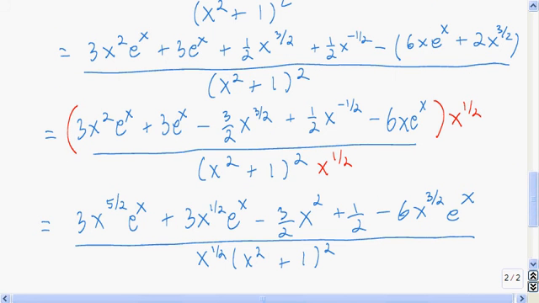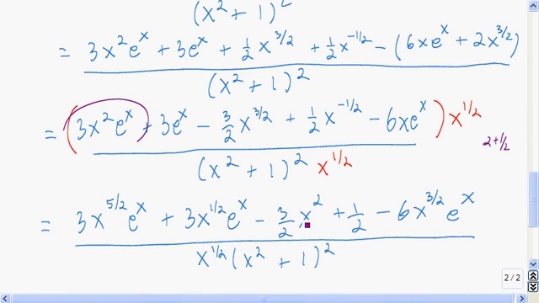Okay, so what we get, we multiply x to the 1/2 by this term. So we have x squared times x to the 1/2, which is x raised to the 2 plus 1/2, or 5/2. We have 3e to the x times x to the 1/2, so 3x to the 1/2 e to the x, minus 3/2 x to the 3/2 times x to the 1/2.